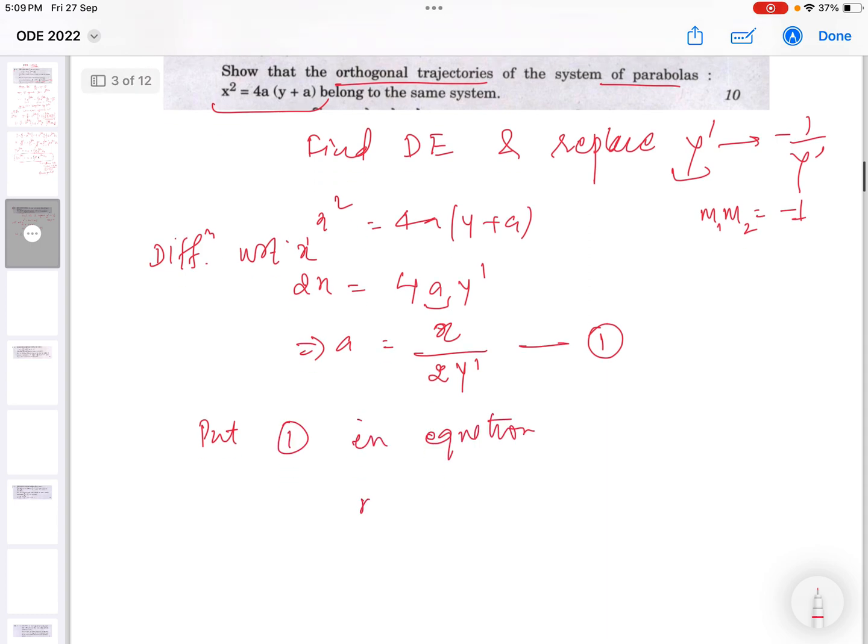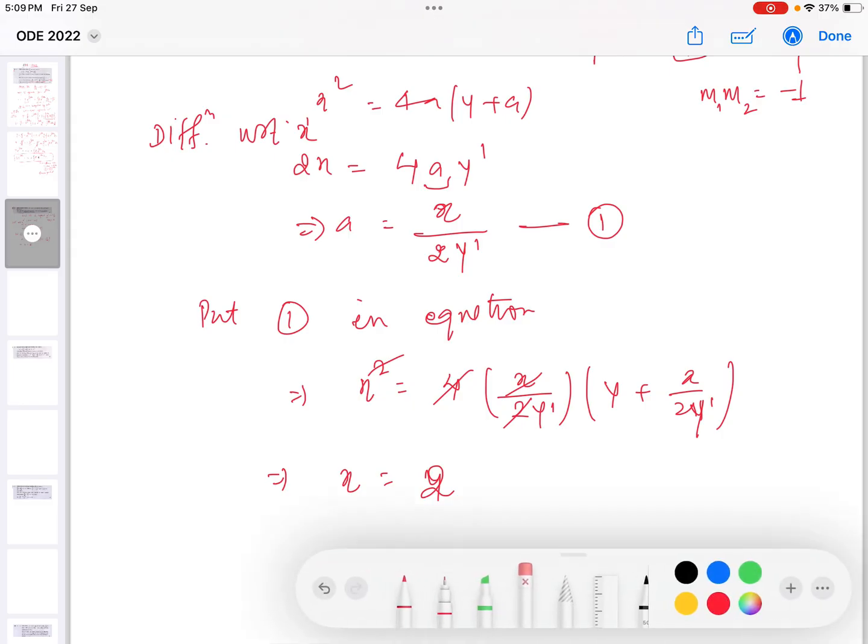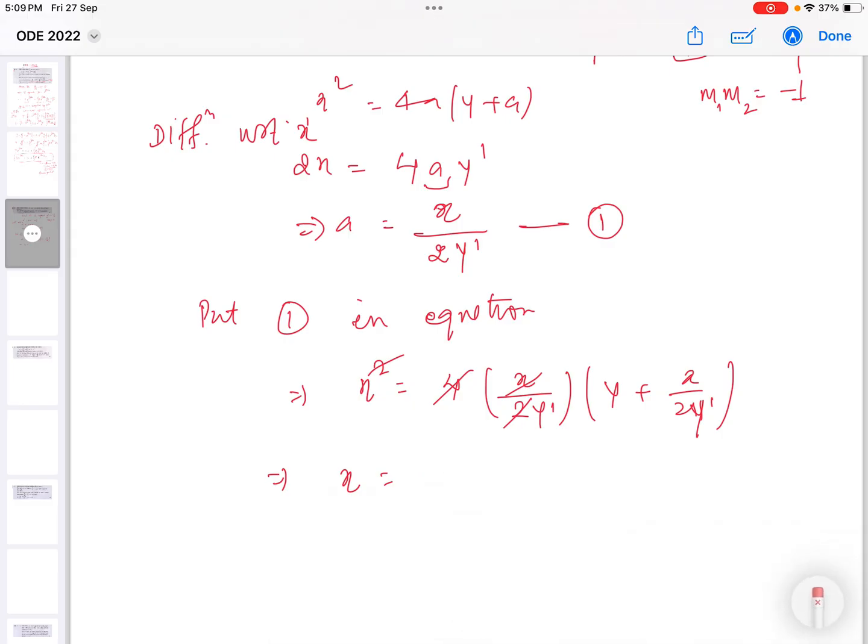So you will get x square is equal to 4a, x by 2y dash. Fine. Okay. All right. Yeah, y plus x by 2y dash. So this x gets cancelled. So we are here. X is equal to 4, this becomes 2, 2 by y dash.